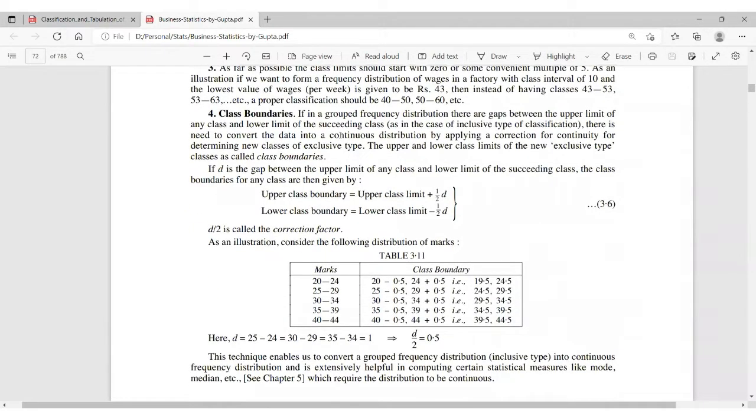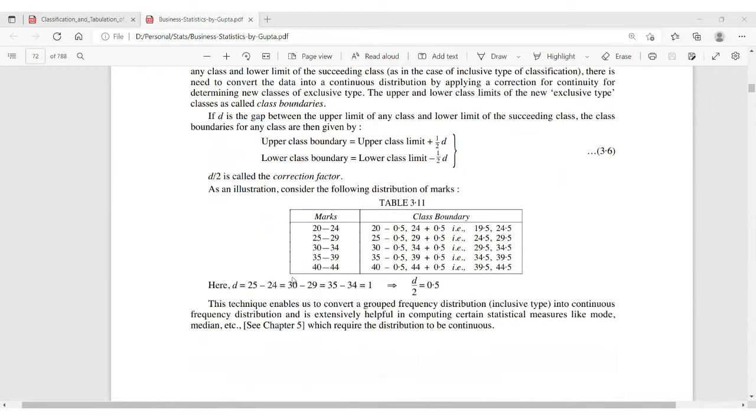Read this one. See, sometimes we are asked to change inclusive into exclusive form, right?